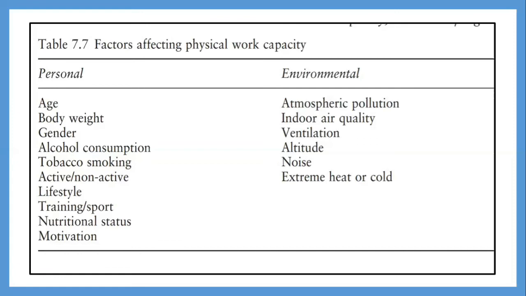And also, tobacco smoking can be a factor affecting physical work capacity because tobacco smoke contains about 4% by volume carbon monoxide. Carbon monoxide has an affinity for hemoglobin, combining to form carboxyhemoglobin 200 times as powerful as that of oxygen. Now, the moment we smoke, smoking therefore reduces work capacity by reducing the oxygen carrying capacity of our blood.